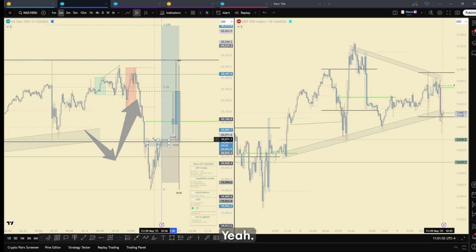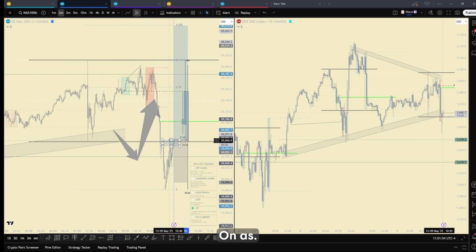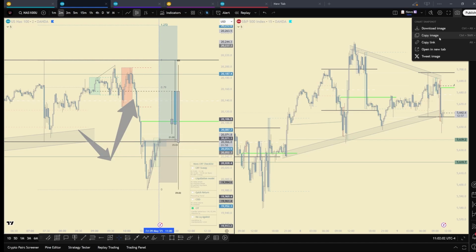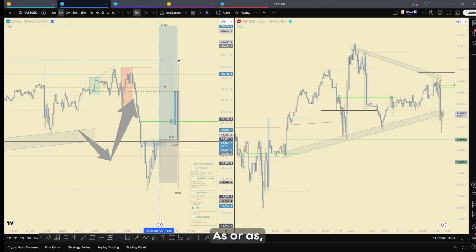Then yeah, on Nas. What is the index for gold here?